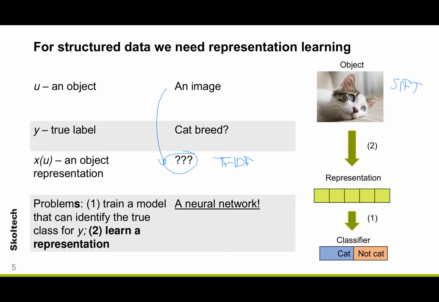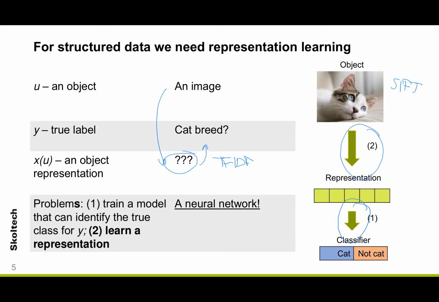Okay, so in addition to the step of constructing a classifier that predicts something from a representation, we have a second problem. We have a second model or submodel related to mapping of an object to a representation of the object. So we now have a second part of our machine learning or deep learning problem, related to mapping from an image to a representation.